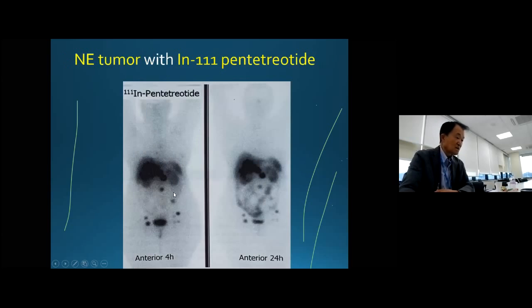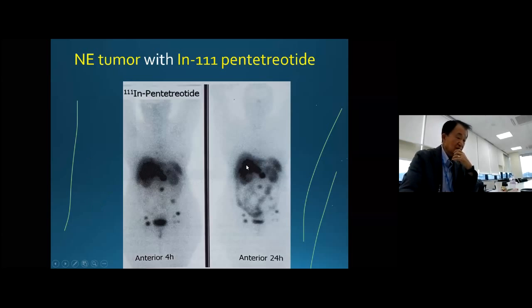And you can see multiple focal areas of slightly to moderately increased activity. The intensity seems to be related to the amount of hormone secretion, and there are always lots of tiny, multiple lesions in the liver.